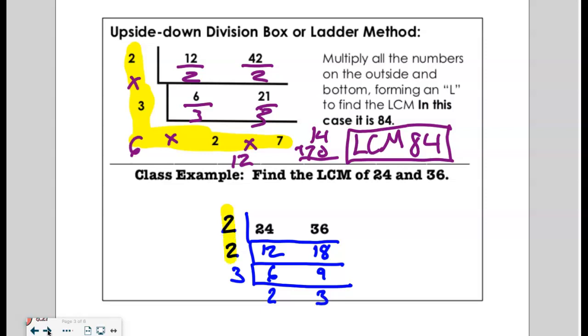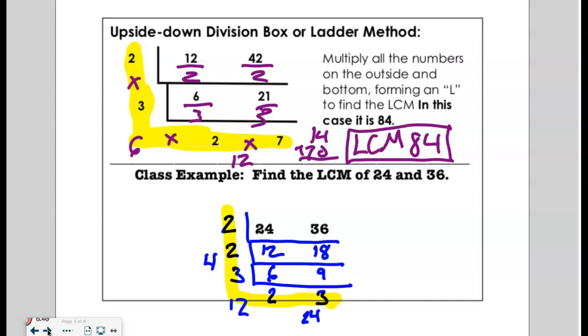So now we're going to multiply along that L again. So we have 2 times 2, which is 4. 4 times 3, which is 12. 12 times 2, which is 24.